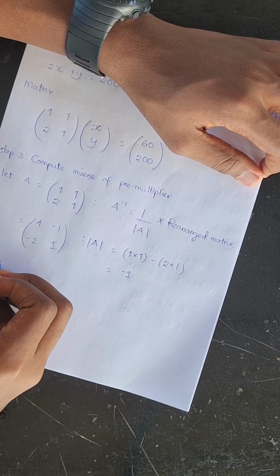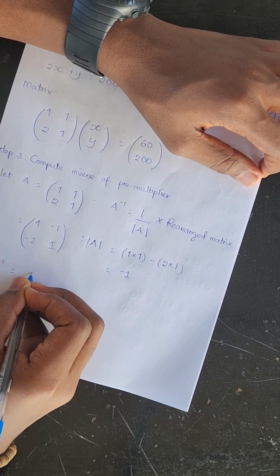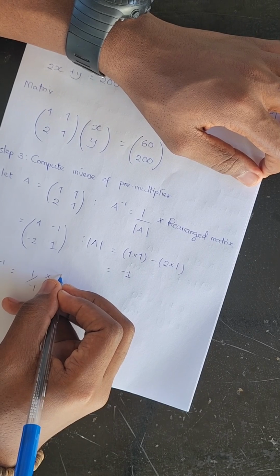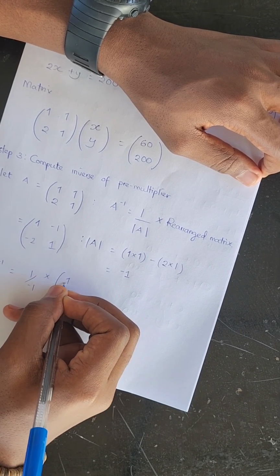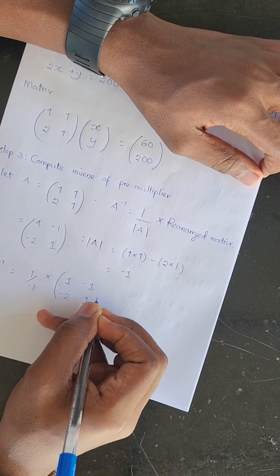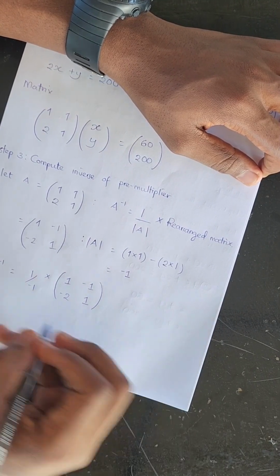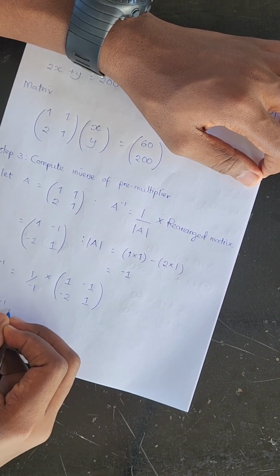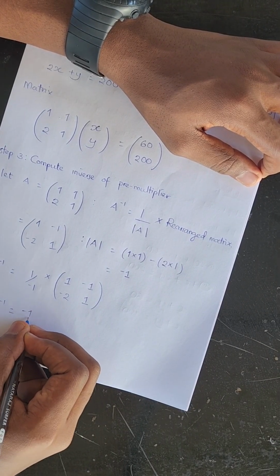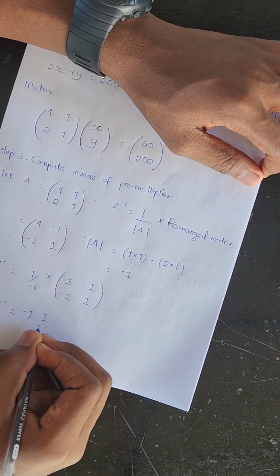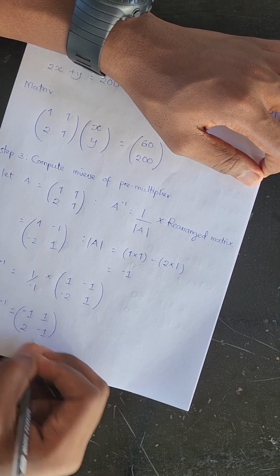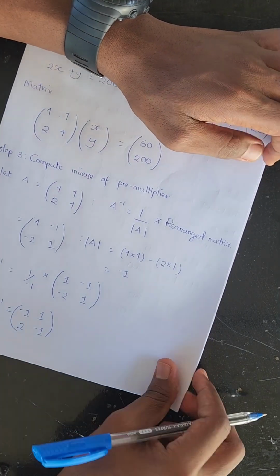So the inverse will be 1 over negative 1 times 1 negative 1 negative 2 1. So the inverse of the matrix will be negative 1 1 2 negative 1. So this here is our inverse.